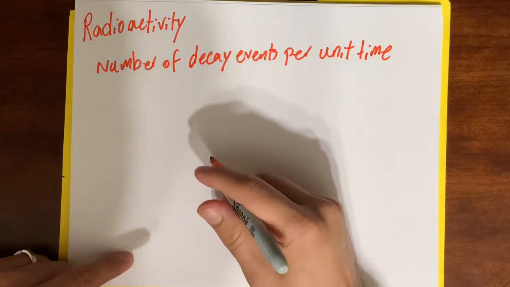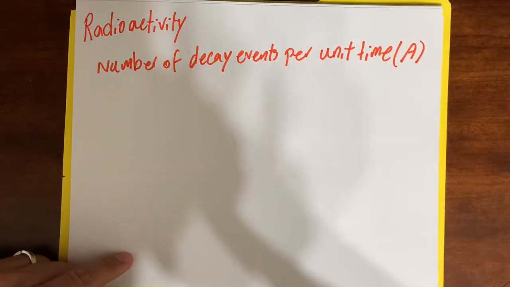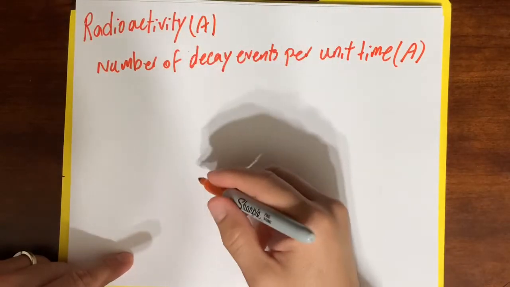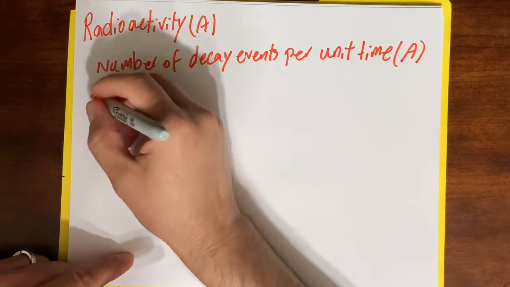And as we show this one, usually the radioactivity we show it by A, and the common unit for it is becquerel.